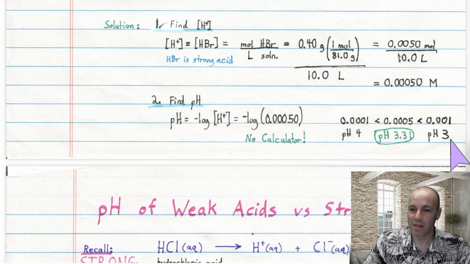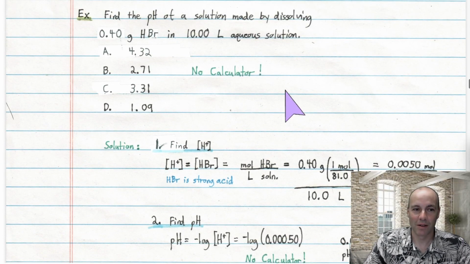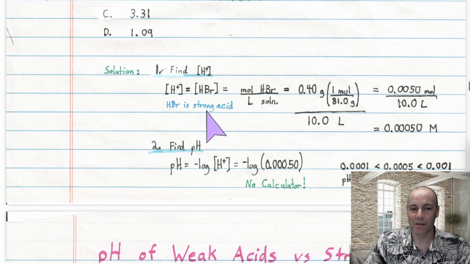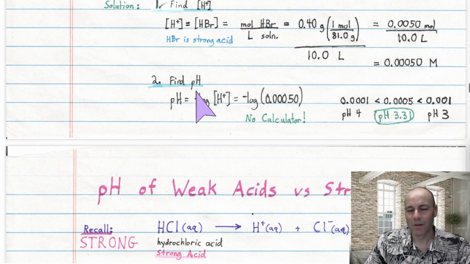That means it's greater than pH 3 and less than pH 4. So it's going to be between 3 and 4 somewhere. And there's only one answer that is between 3 and 4. The answer is C. So by process of elimination and a little bit of mental math, you can solve this problem.